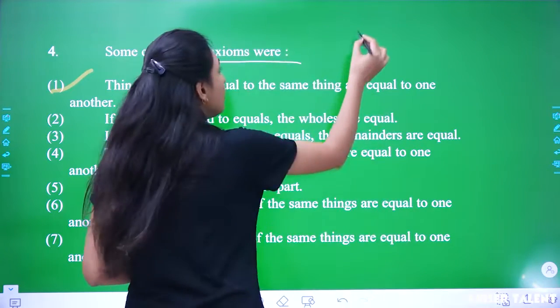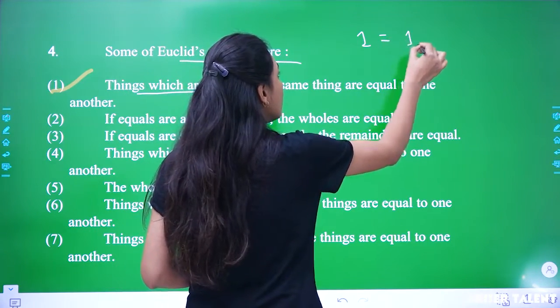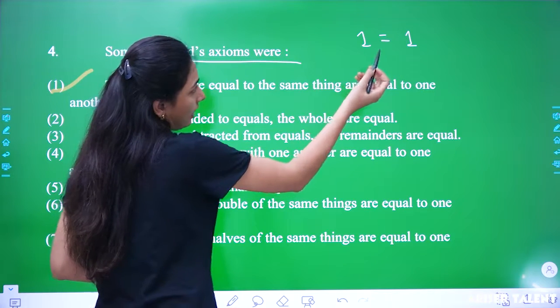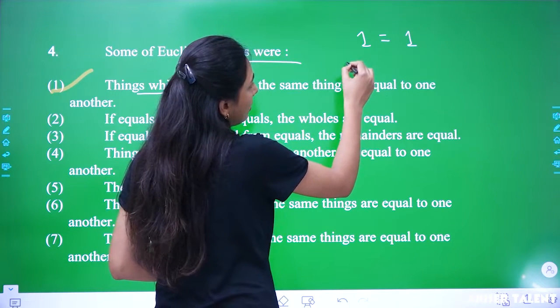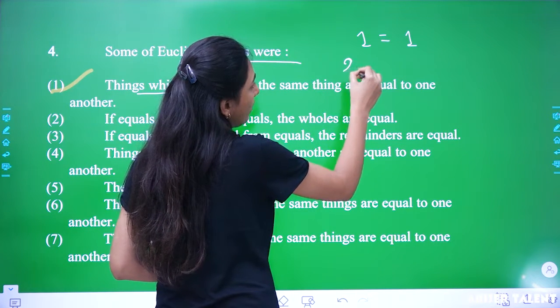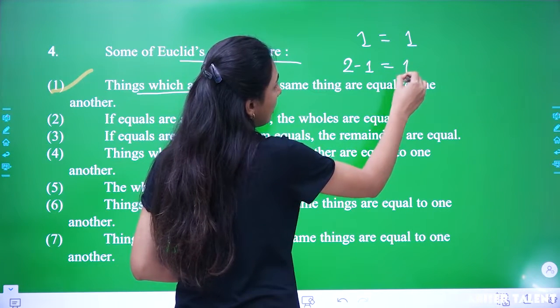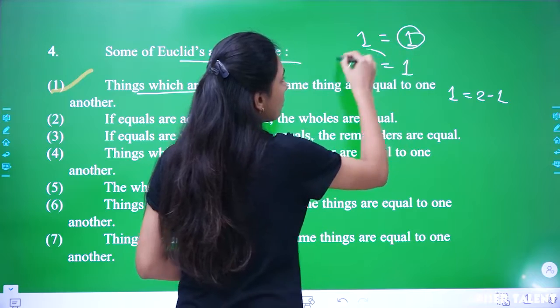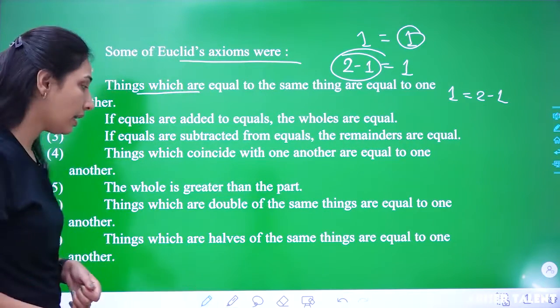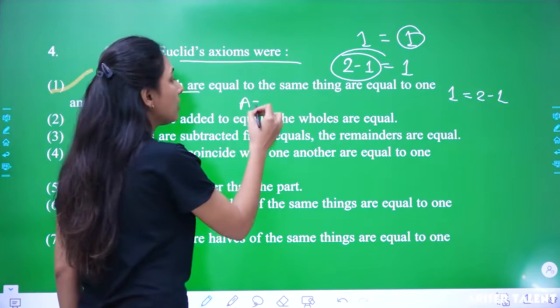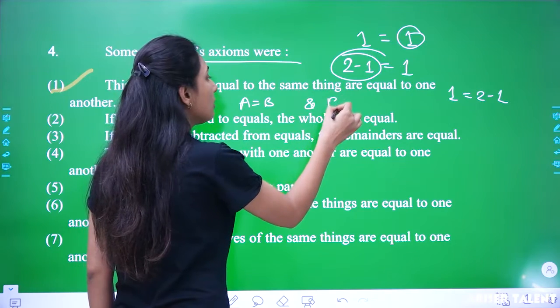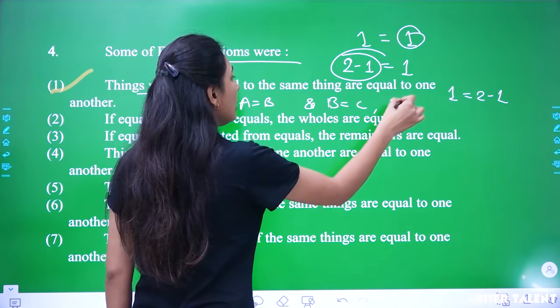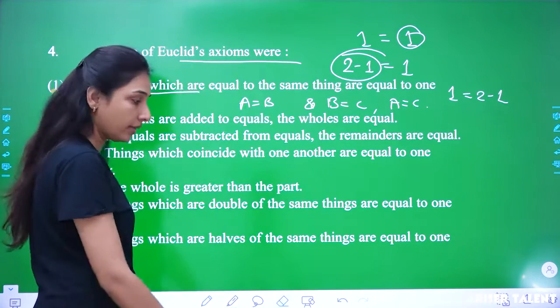I have told you that if 1 equals 1, and 2 minus 1 equals 1, then 1 equals simply 2 minus 1. I can say that if A equals B and B equals C, then A is also equal to C.